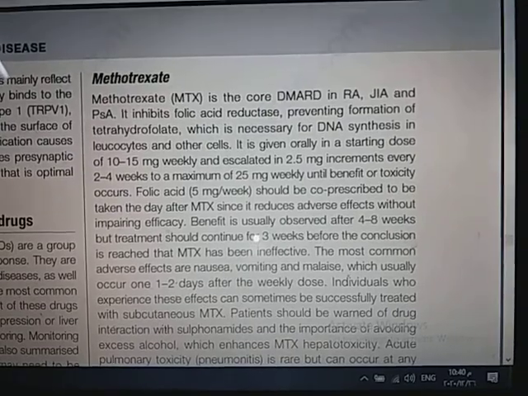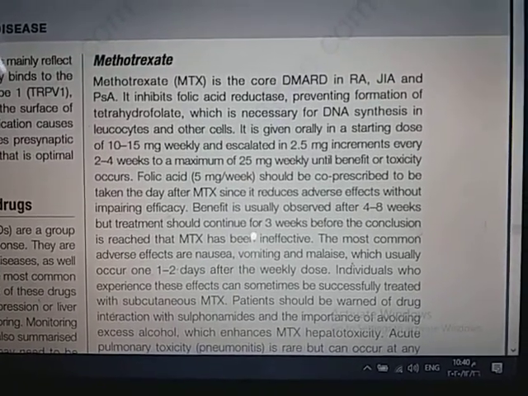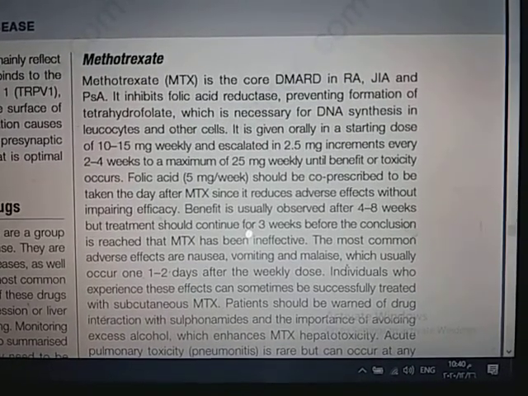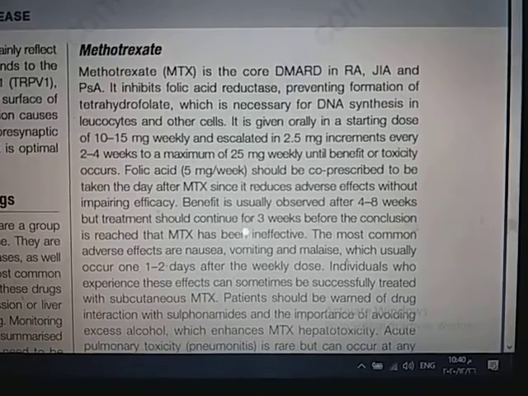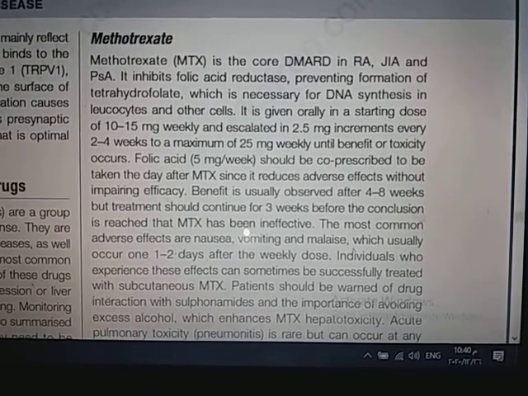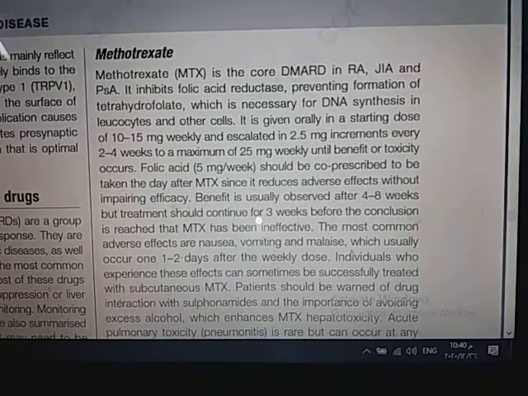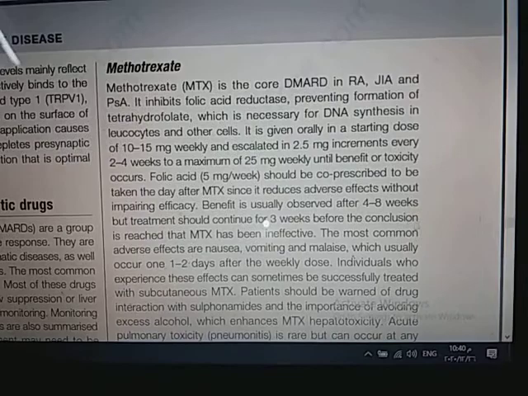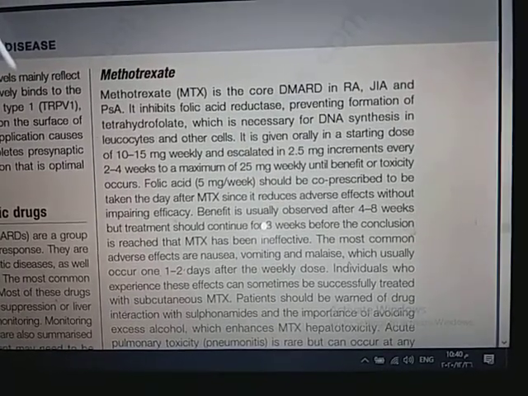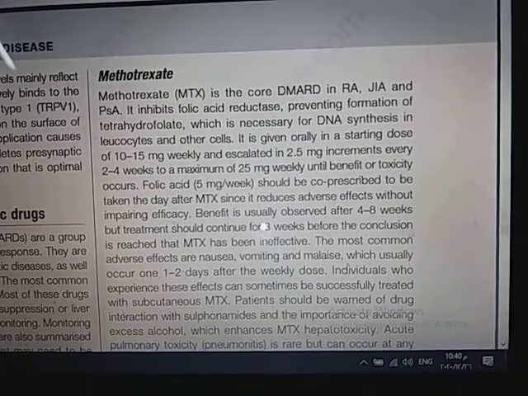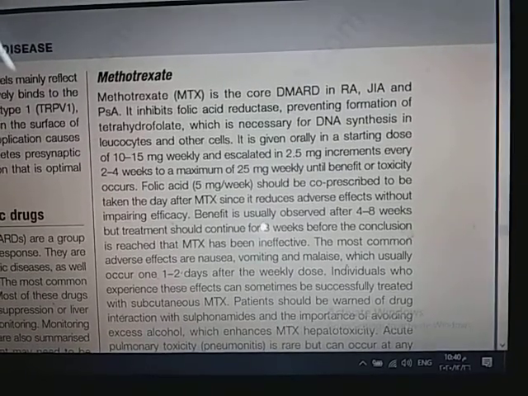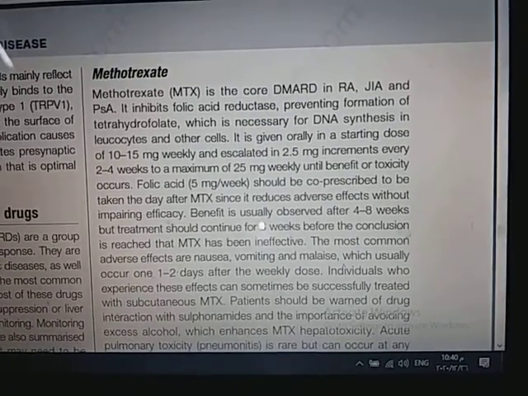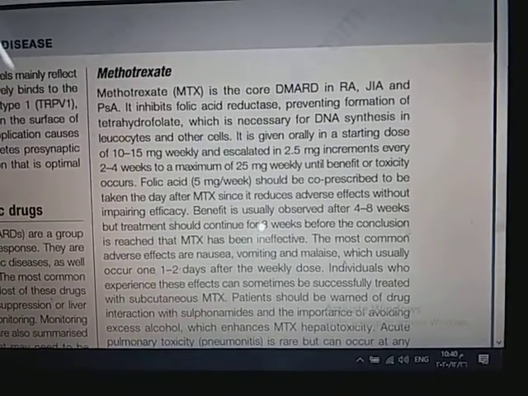MTX is a folic acid analog, so folic acid prophylaxis should be used to reduce side effects. Folic acid is used as a 5 mg tablet the day after, or 1 mg daily. MTX may cause bone marrow suppression and hepatotoxicity, so blood counting and liver function monitoring should be done.